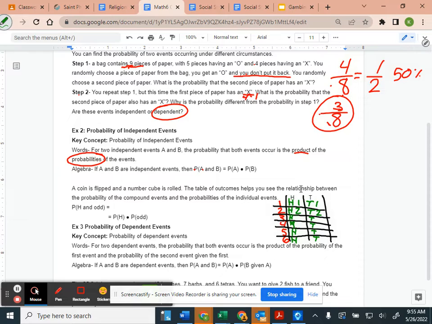We rolled a 3, we would have a heads with the 3 or a tails with the 3. We rolled a 4, we would have a heads with the 4 or the tails with the 4. We rolled a 5, it would be heads with the 5 or tails with the 5. And a heads with the 6 or a tails with the 6. So those are all the outcomes we could have.